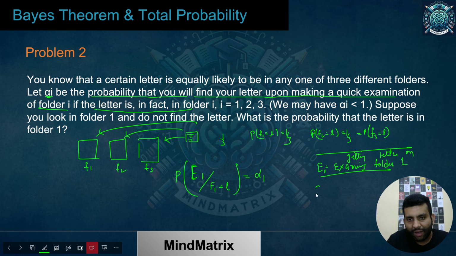And let me write E1 dash. That means not getting letter on examining folder 1.